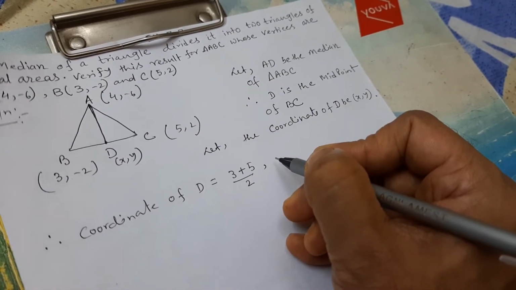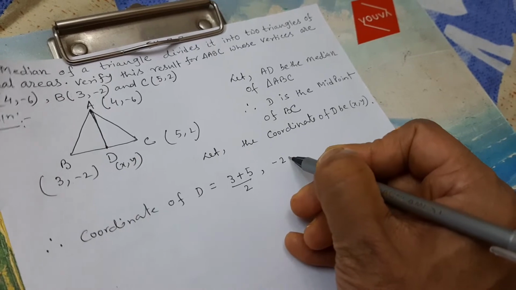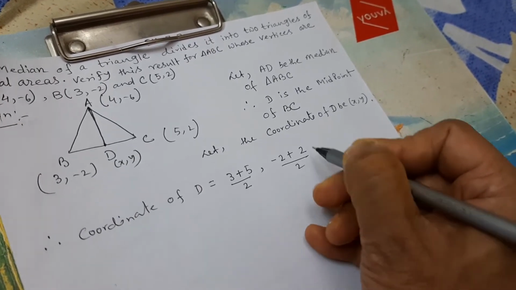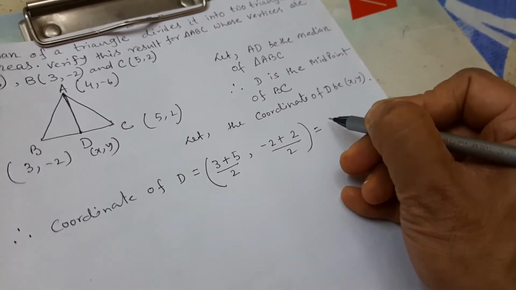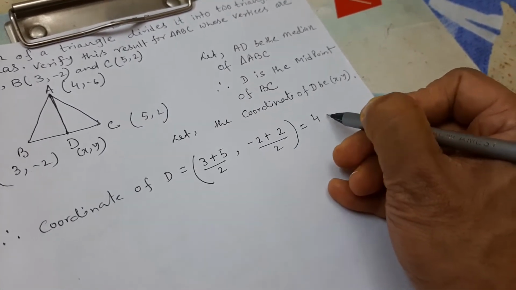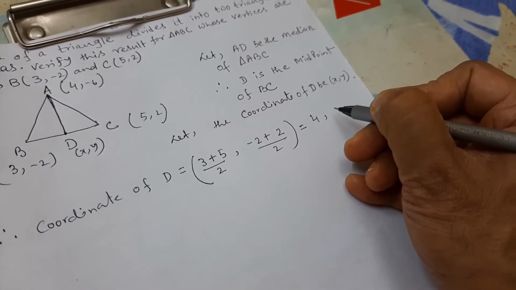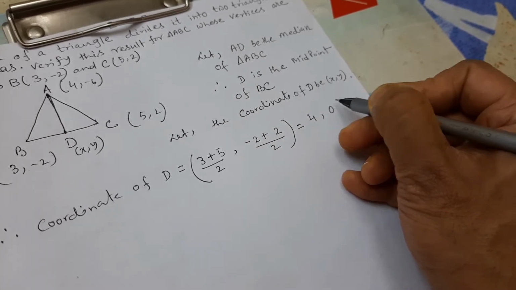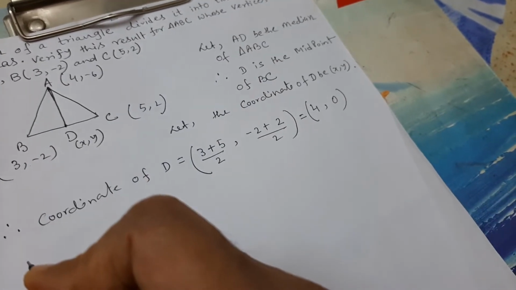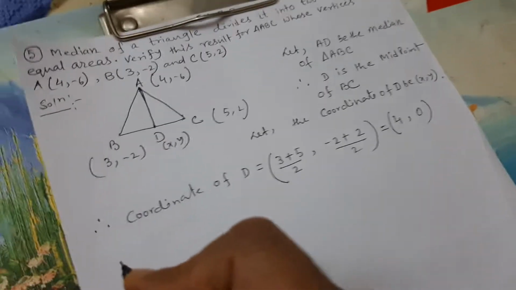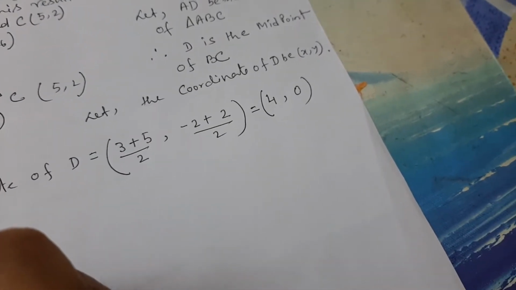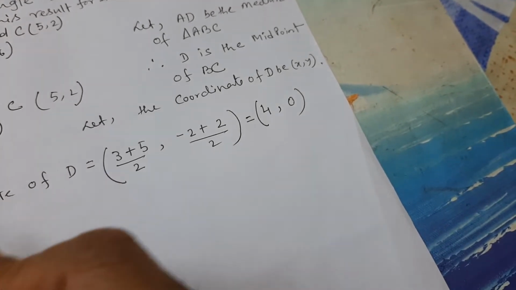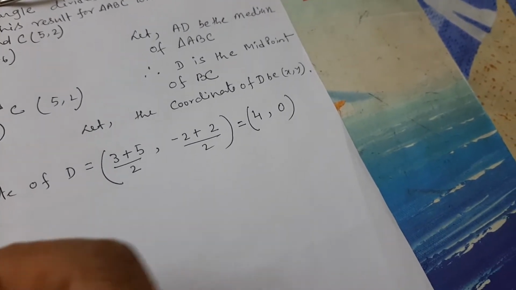Y1 is -2, y2 is 2, by 2. Equal to 8 by 2, which is 4, and -2 plus 2 is 0, 0 by 2 is 0. So the coordinate of D is (4, 0) and this is the midpoint of BC.